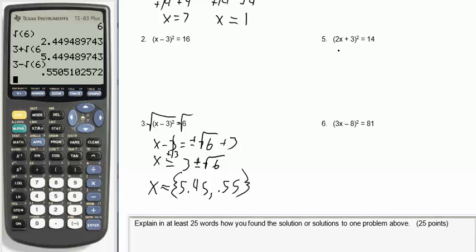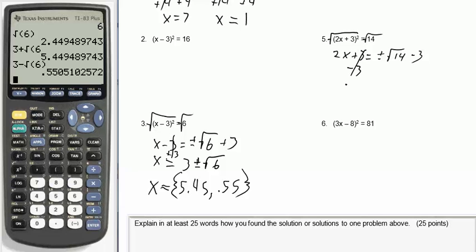All right, number 5. All right, just one more step. It just gets a little messier. So square root of both sides. We get 2x plus 3 is equal to plus and minus the square root of 14. I got to get rid of this just like a linear equation, so minus 3 and minus 3.